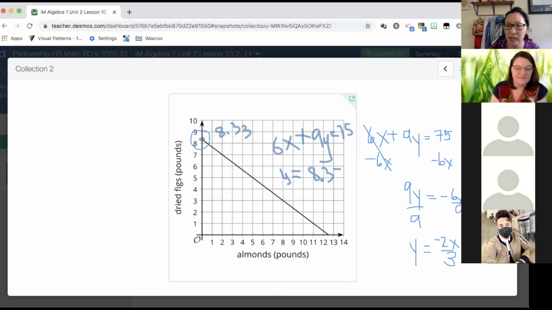Thank you so much, DJ, and thank you, Claire, for your thoughts as well, because both of those are absolutely valid in seeing the connections between the equation and the graph. And I am hoping that everyone can see that by changing it into this form, which we learned was the slope-intercept form, we can see the direct links between the equation and the graph. All right, so keep that in mind as we move on to our next activity. And end scene.